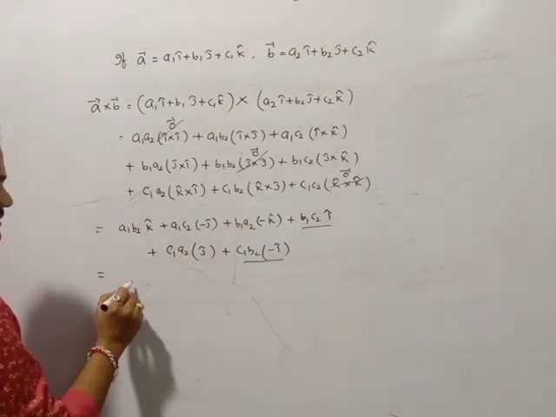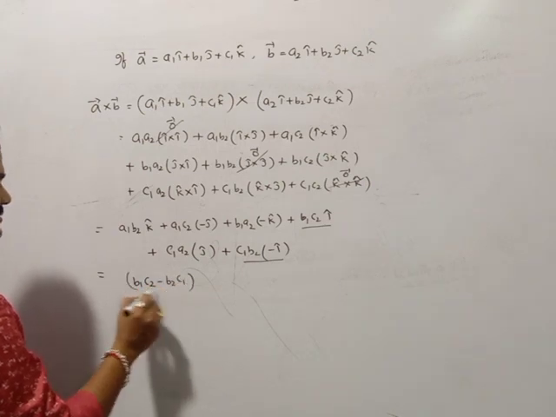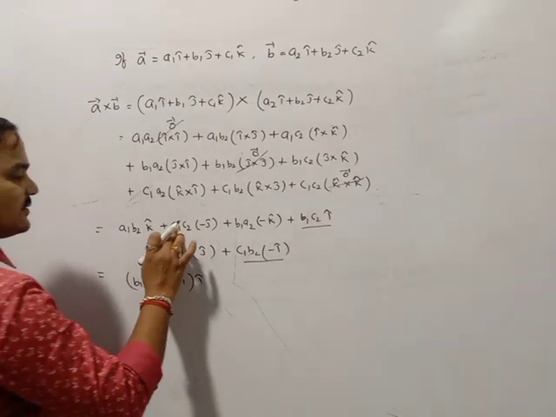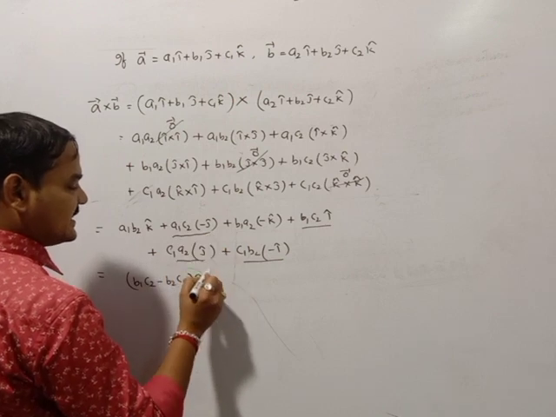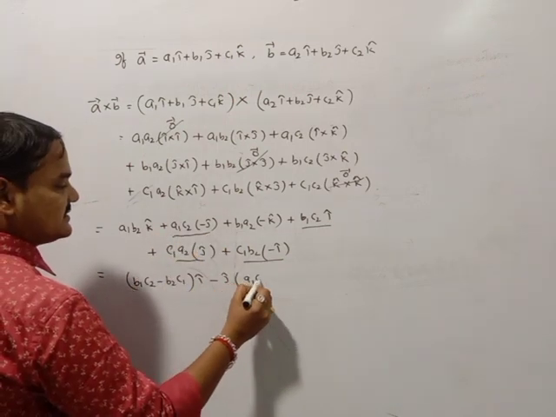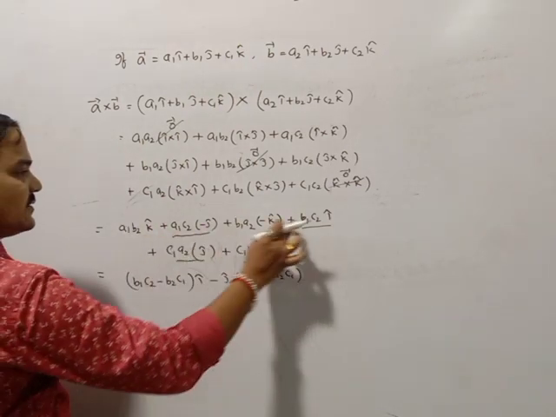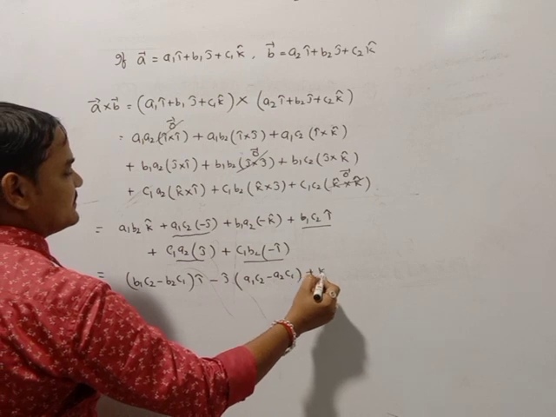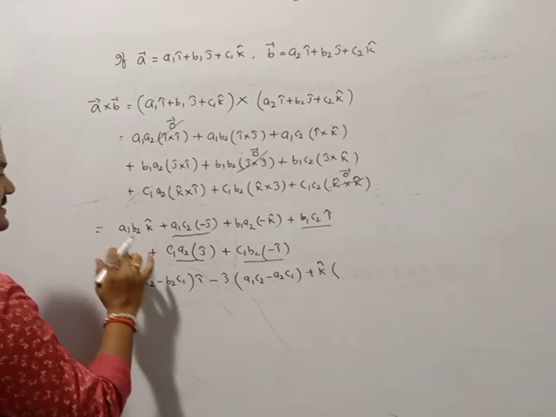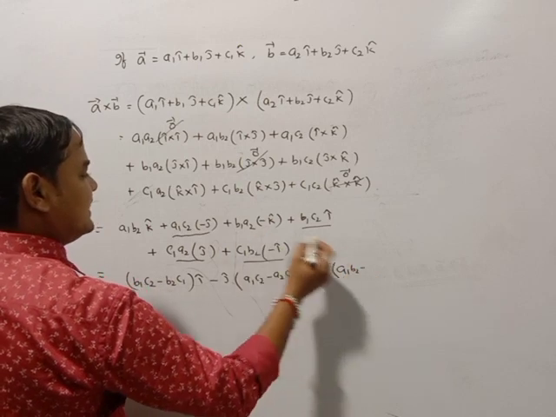Take the i cap common. So B1 C2 minus B2 C1 into i cap. From these two, take minus j cap common. It means A1 C2 minus A2 C1. Again, finally, from these two, take k cap common. What happened? It is A1 B2 minus A2 B1.